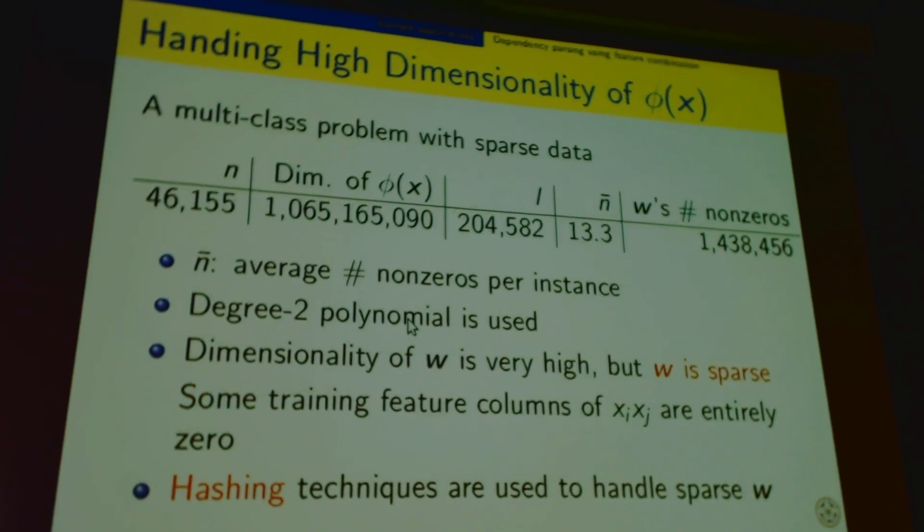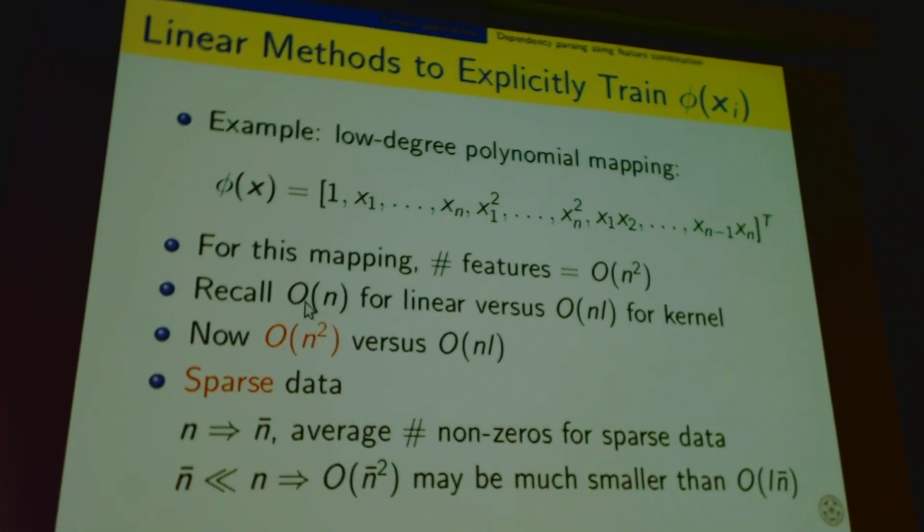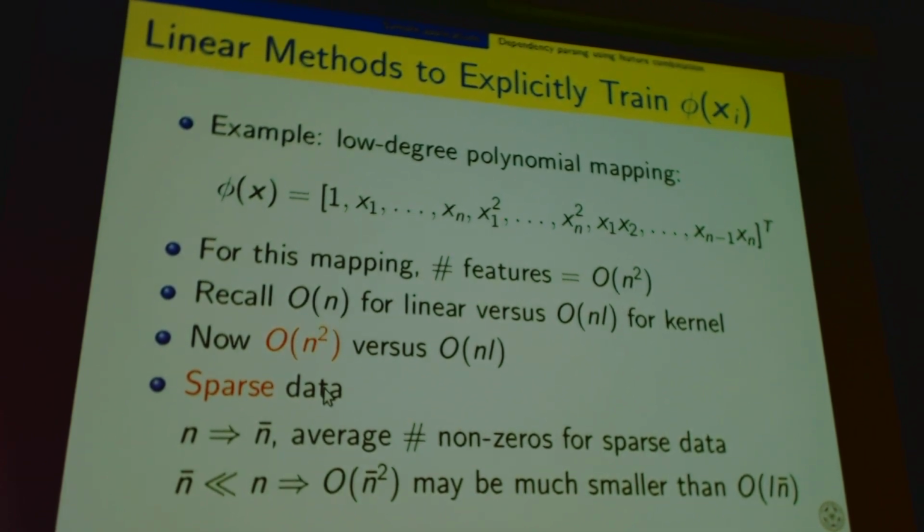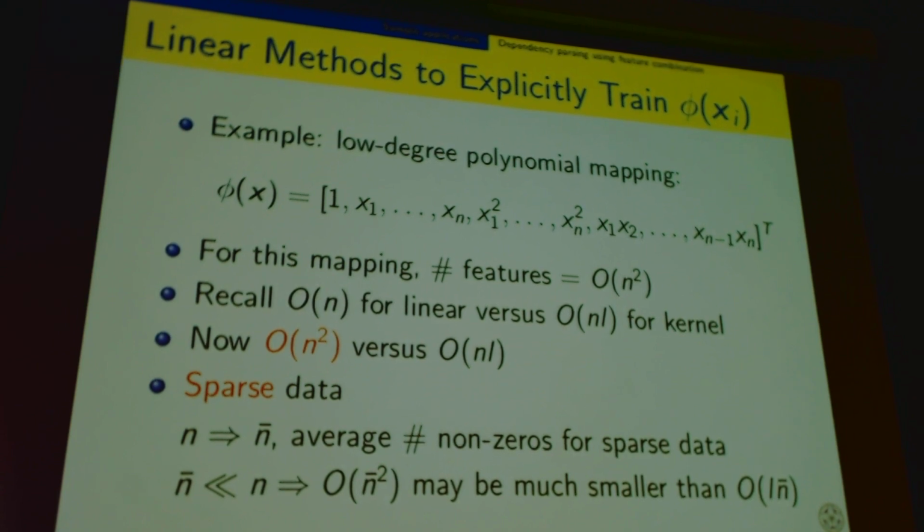Now you say, well, the comparison is no longer n versus n times L. It's n squared versus n times L. So you may not get any advantage, right? If n is very large, because n squared may not be smaller than n times L. Well, true, but that's not the case for sparse data.